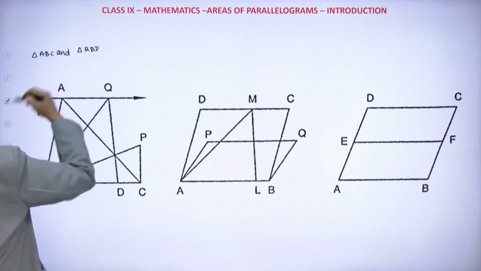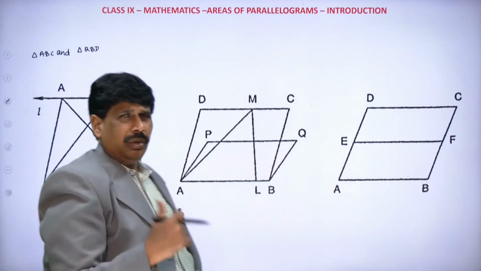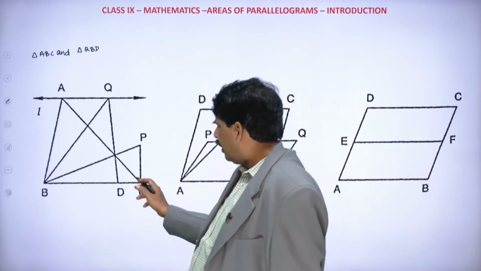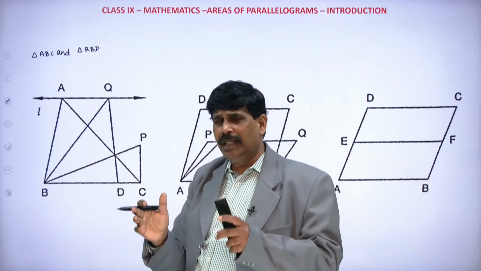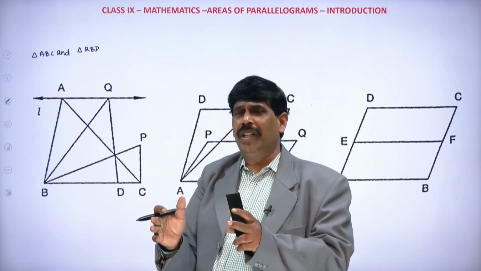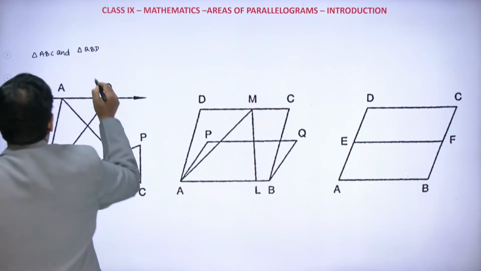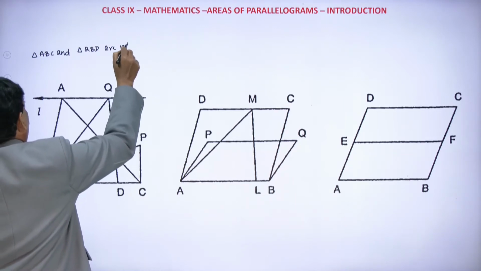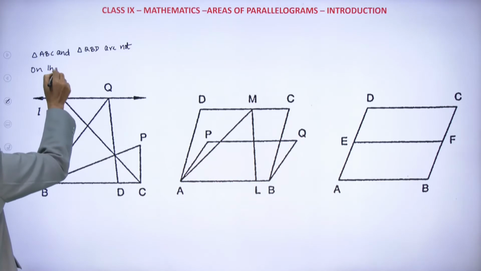Triangle ABC and triangle QBD, do they have a common base? No. Of course, D is a part of BC. BD is a part of BC, but BD is not exactly coinciding with BC. Clear? So they are not on the same base.